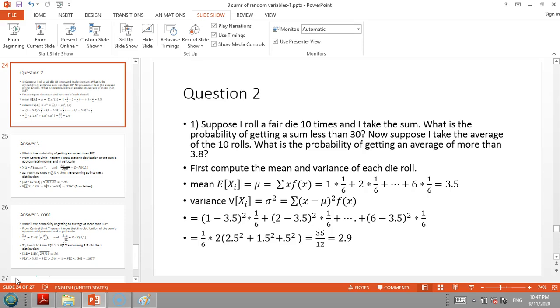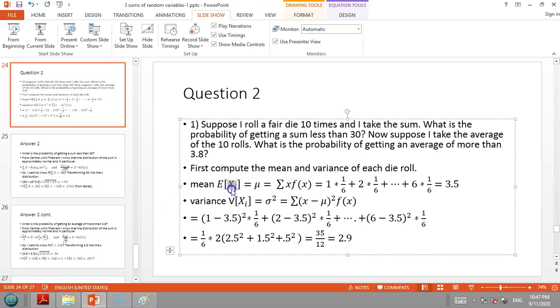Each time I roll it, a total of 10 times, each roll follows the die roll distribution. It has a probability of occurrence for each number, and each will have an expected value and variance. So Xi is a random variable that represents any of the 10 rolls.